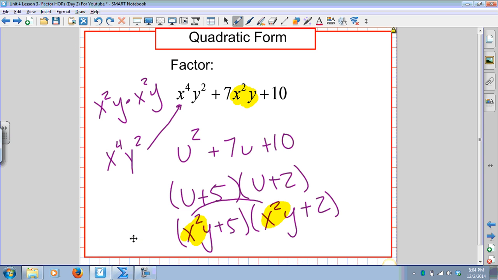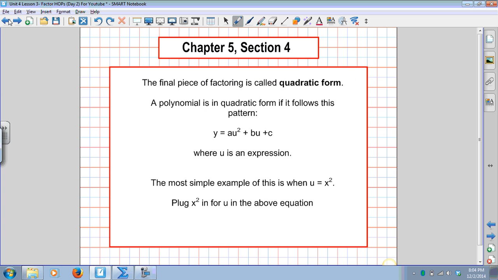So this is an example of quadratic form. That's when things factor like quadratics, but aren't necessarily. So here's that long-winded explanation from before. This part right here is basically saying instead of using x, we're using something more complicated. So use an expression that is more complicated.